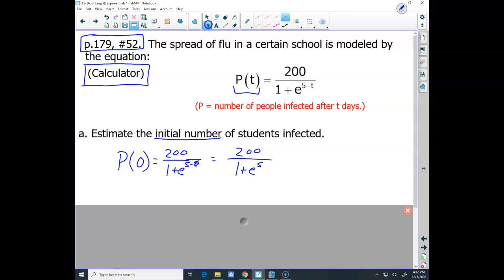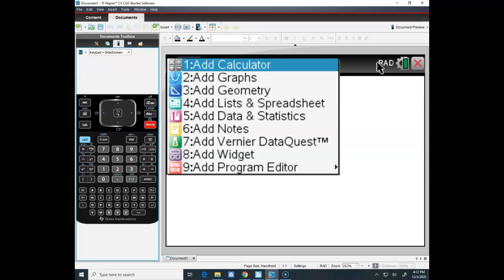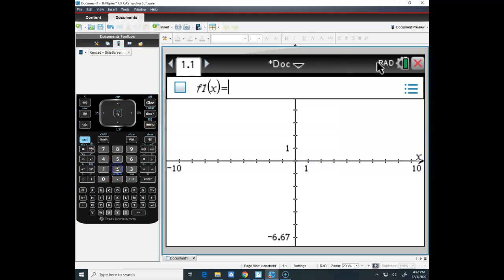Okay, so all we're going to do is dial up the old CAS here. We're going to graph that little bugger, and I'm going to say menu. I want a graph, number 2.